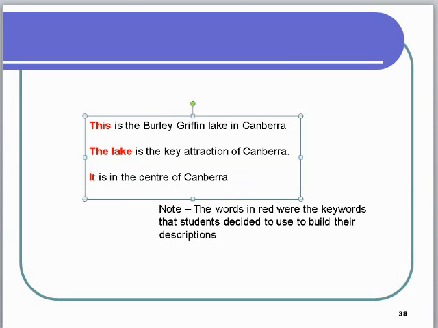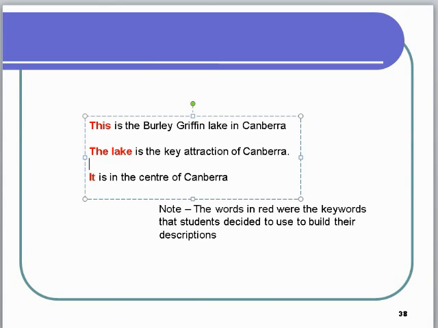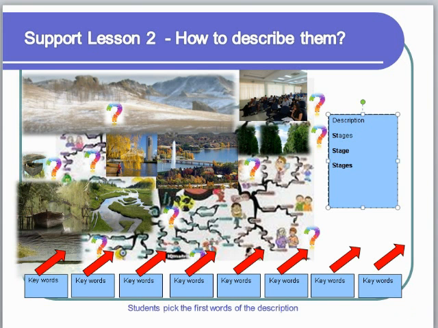So the question, of course, is, how are they gonna get those words like attraction or the key attraction? The key attraction is actually a compound, right? Or like the center. Where are they gonna get that from? Well, you can actually show them more examples of descriptors for maps. You can use them from Wikipedia.